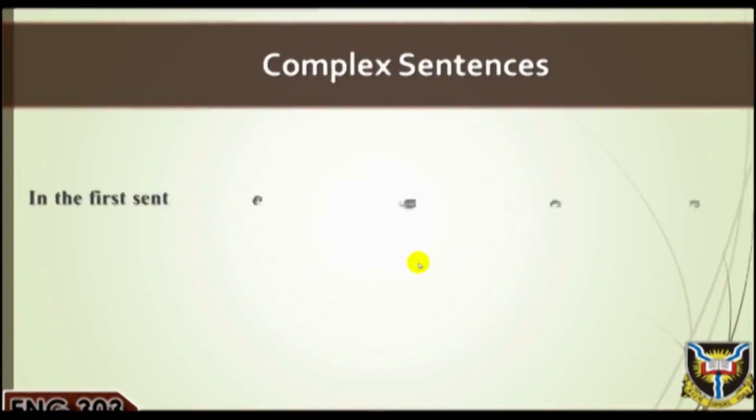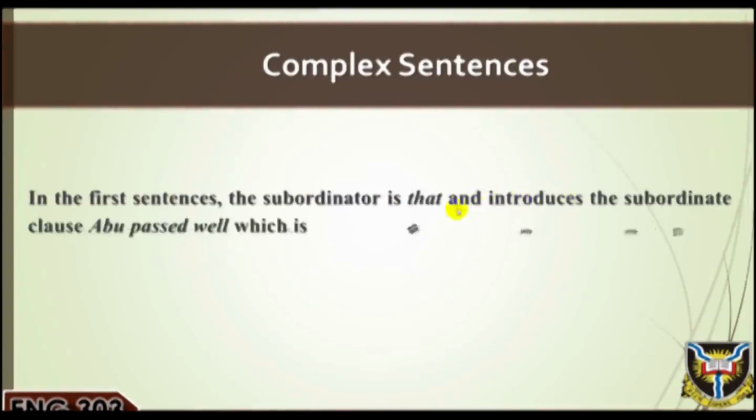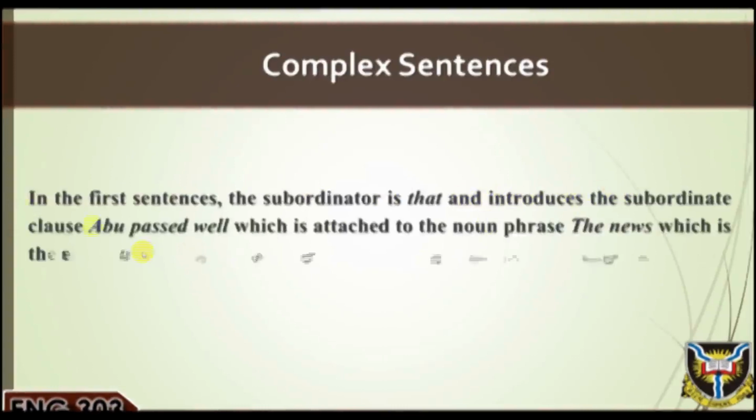In the first sentence, the subordinator is that and introduces the subordinate clause Abu passed well, which is attached to the noun phrase the news, which is the subject of the sentence.